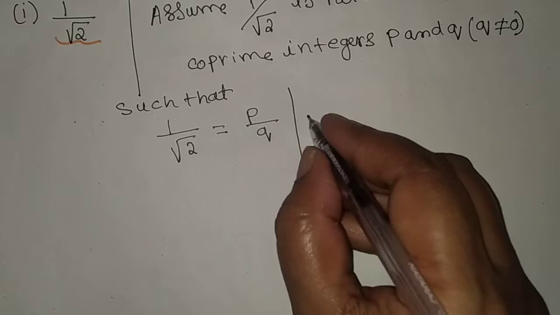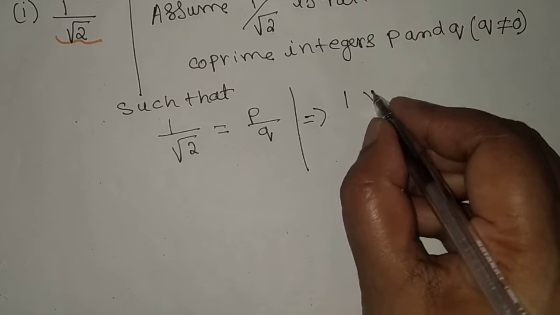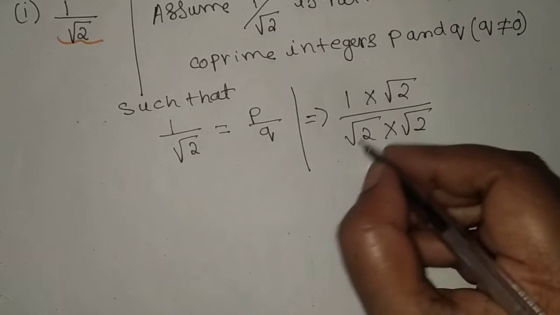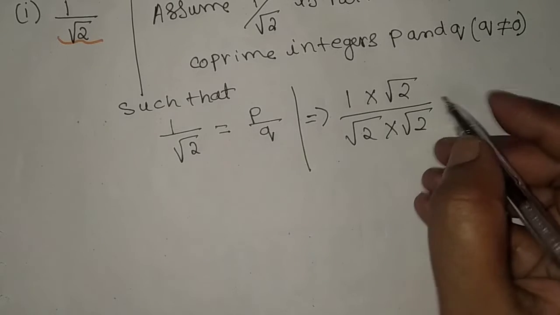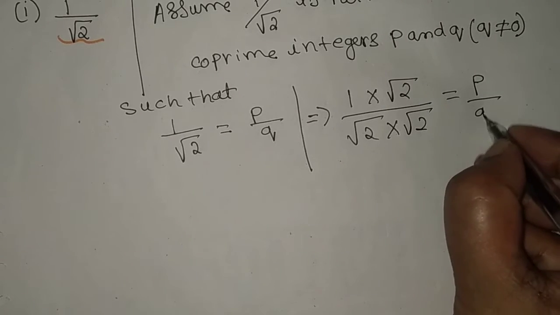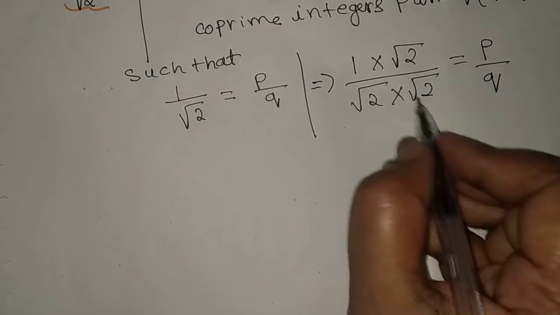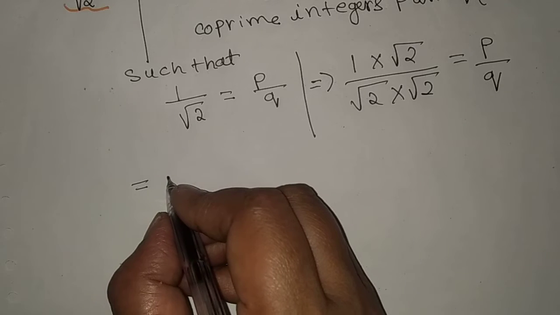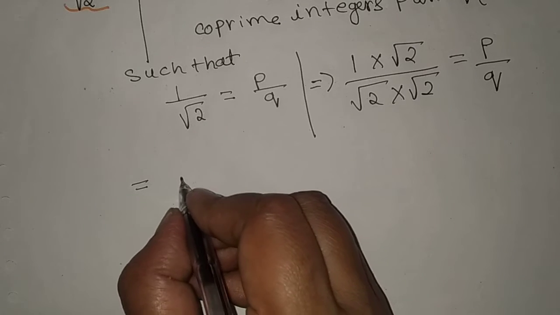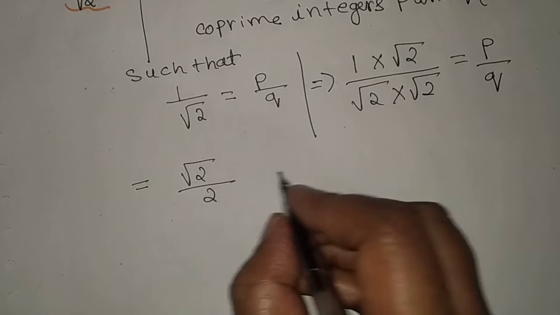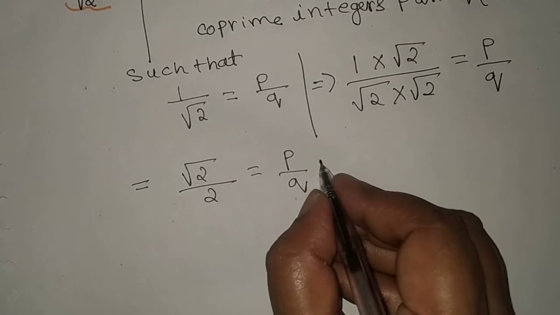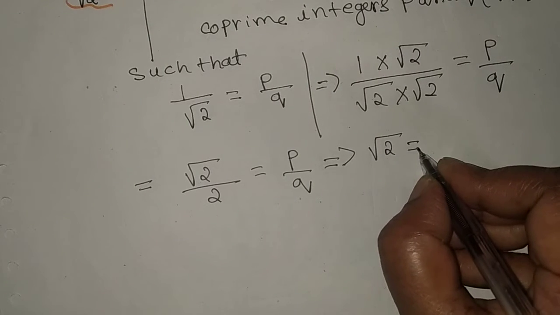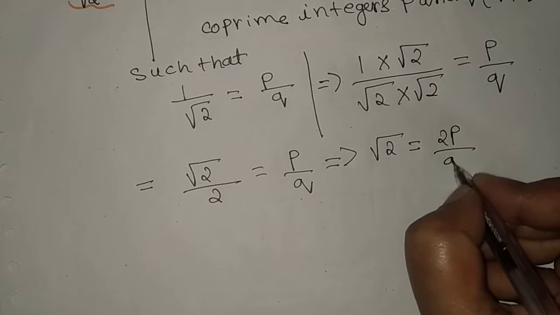So next step, what happens? 1 into root 2 by root 2 into root 2. Simplifying, we get root 2 by 2, which is equal to p by q. We can rewrite it as root 2 is equal to 2p by q.